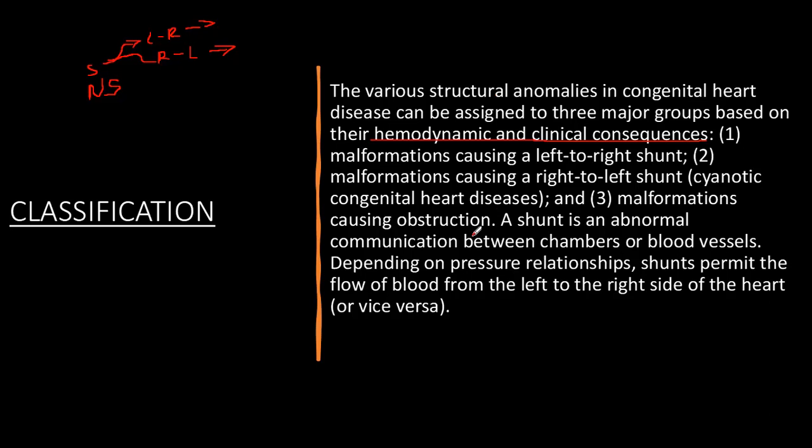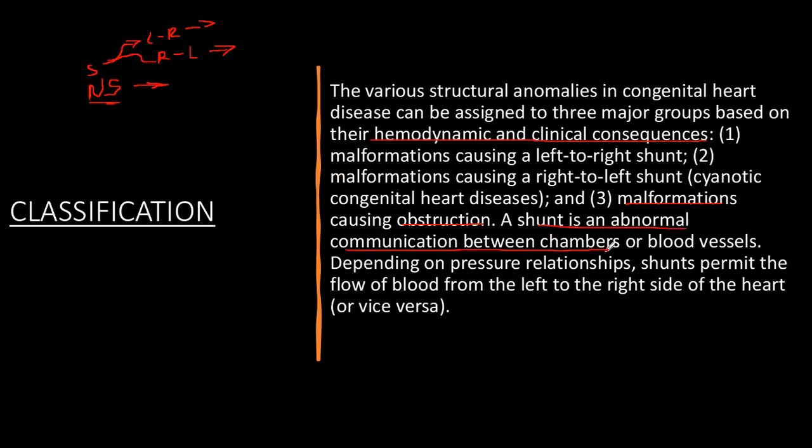Then non-shunt anomalies are also acyanotic because there is no mixing of deoxygenated and oxygenated blood. Okay, so that is what I've said for definition. And these non-shunt anomalies can be obstructive, just malformations which cause obstruction. We define that.